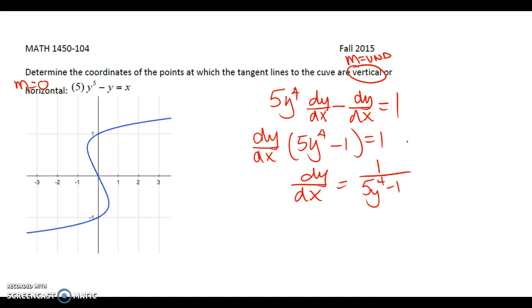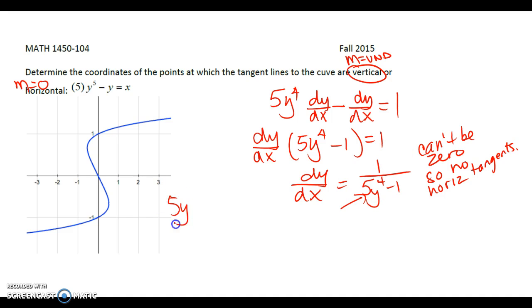Now, there is really no way that we can get this derivative to equal 0. So it can't be 0. So no horizontal tangents, right? But guess what? We can get this thing to be undefined by finding where this denominator is 0.